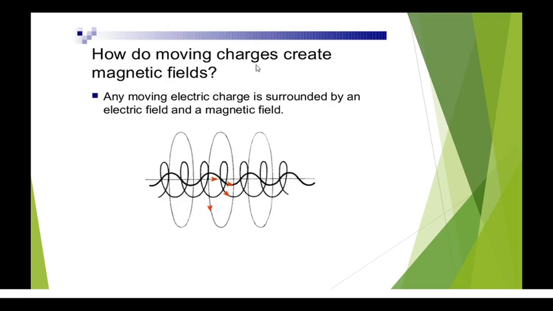Moving charge means it constitutes current, isn't it? So any moving electric charge is surrounded by an electric field and a magnetic field. Electric charge means there is an electric field around it, and if it is a moving electric charge, there is a current and there is a magnetic field around it. So a moving electric charge can produce electromagnetic waves.